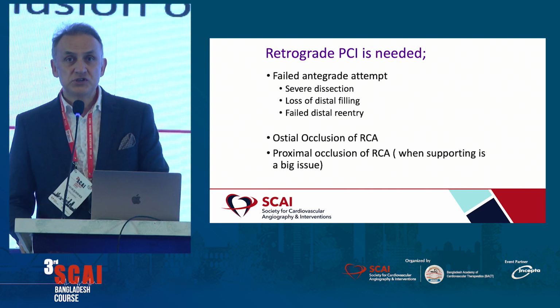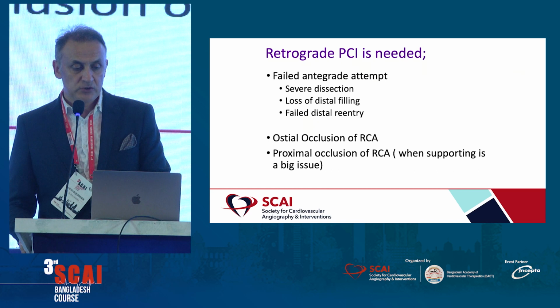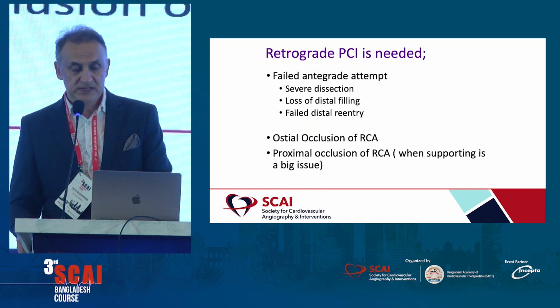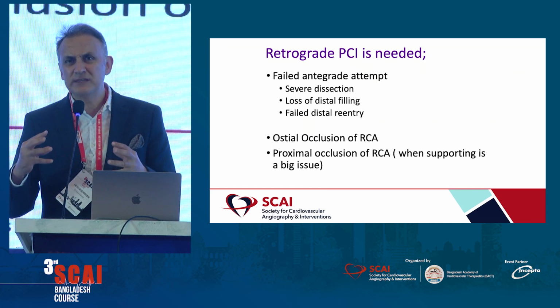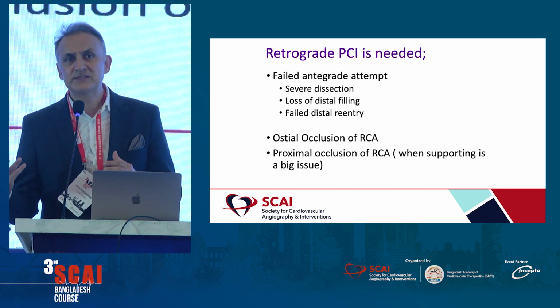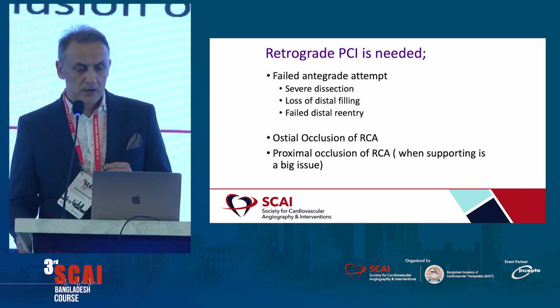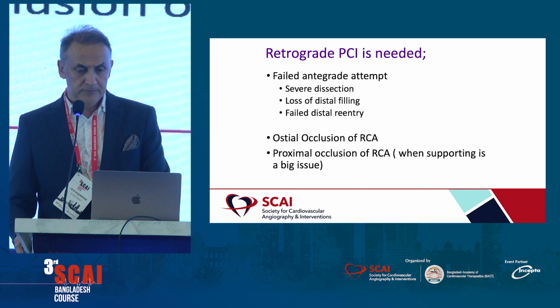If you have an ambiguous cap, sometimes the only option is retrograde. Of course, we can use IVUS in some cases. If we have a very small distal target lesion, then we can start directly retrograde if we have a nice collateral.